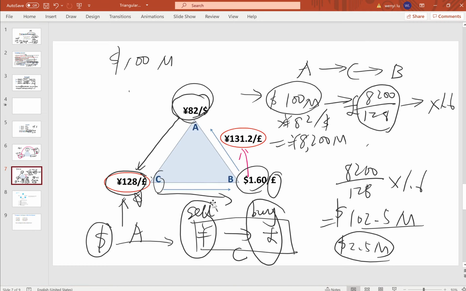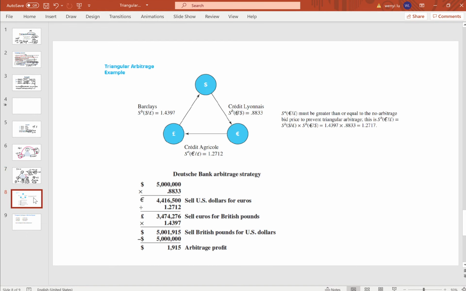Okay, so that's the question in the examples in the videos, and I want you to have some intuition for these questions, and we will also see a question from our textbook. In our textbook, it's already visualized with a triangle. These triangles also involve three currencies, like the dollar, pound, and euro. And these three currencies are quoted by three different what?